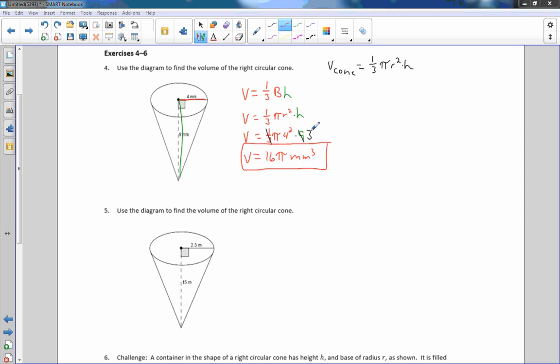Okay, but I forgot my 3 here, so let me just quickly fix this. So what I was saying was the volume equals, I did the 16 pi, but I forgot this 3 that's still there. So the volume equals 48 pi millimeters cubed. Okay, sorry about that, but there it is, 48 pi millimeters cubed.